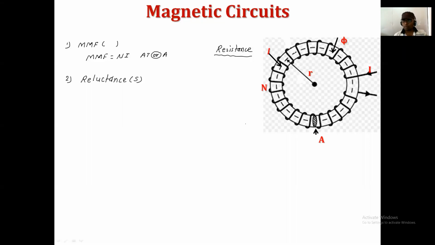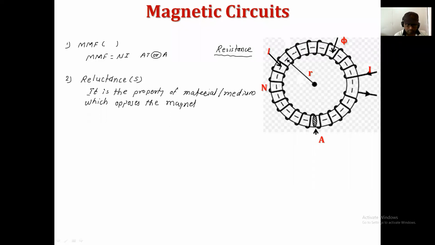It is the property of a material or medium which opposes the magnetic flux through it. Simple. Is it right?